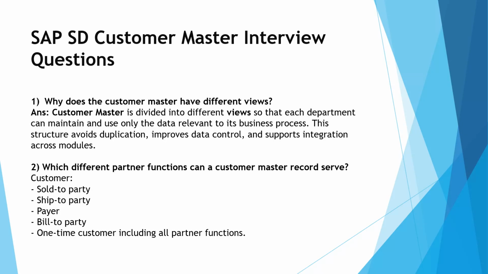Now go to the first question. Why does the customer master have different views? The customer master is divided into different views so that each department can maintain and use only the data relevant to its business process. This structure avoids duplication, improves data control, and supports integration across the modules.